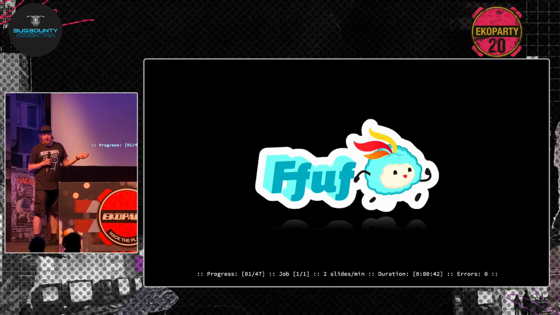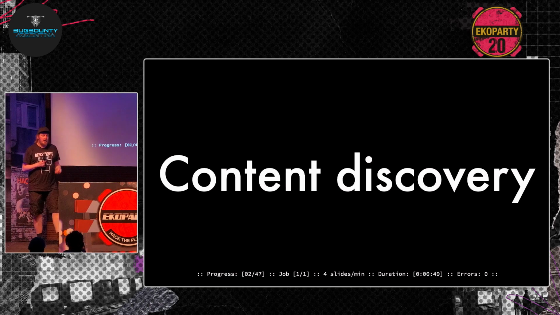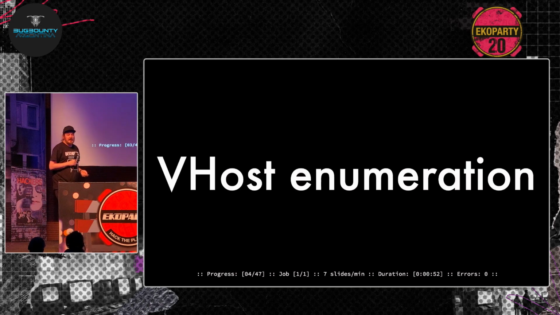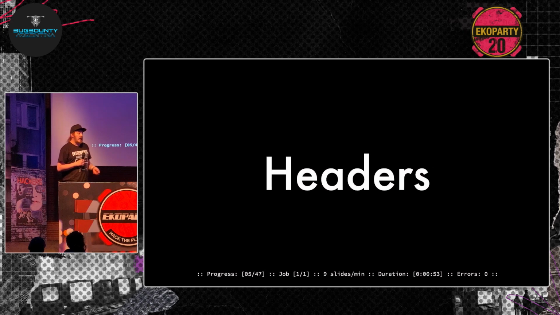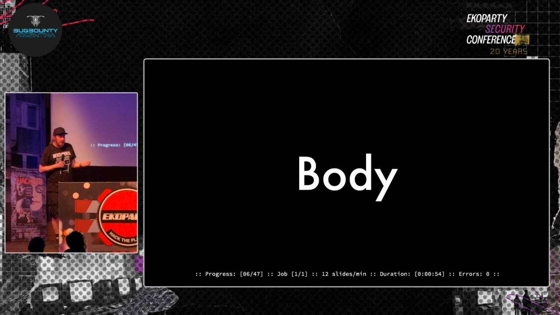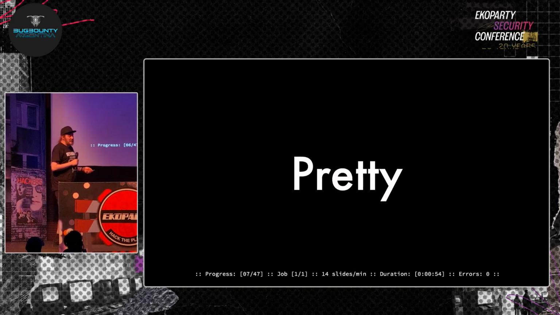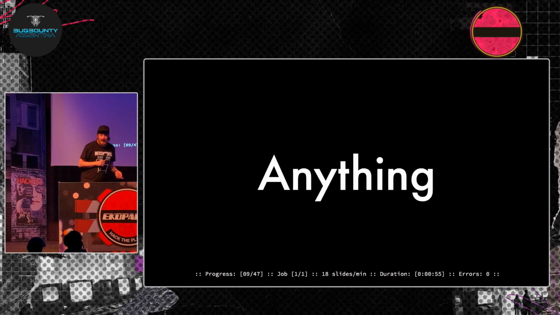So the tool itself, it is many things. Typically, people use it for content discovery, API fuzzing, virtual host enumeration. It can fuzz headers, it can fuzz the body. It can fuzz pretty much anything really.